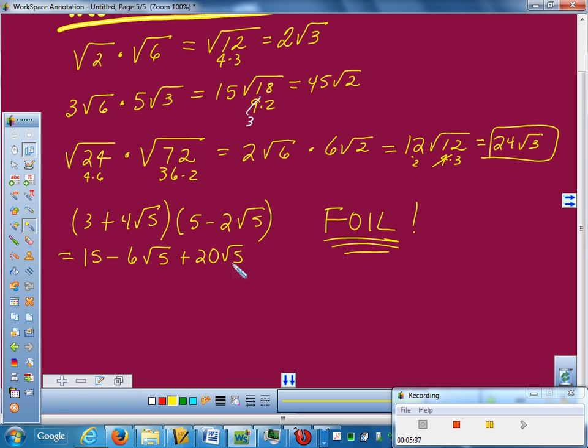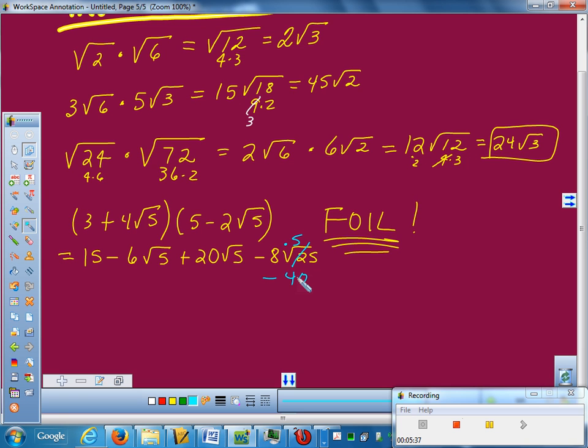These numbers in front, 4 times negative 2 is going to be negative 8. Well, what's square root of 5 times square root of 5? Yeah, okay. So yes, I'm going to write it out once we have longhand. That's 25, but we know 25 is really just 5, so you really have just 8 times 5, or that's minus 40 there. Yeah, so we're really looking at minus 40.